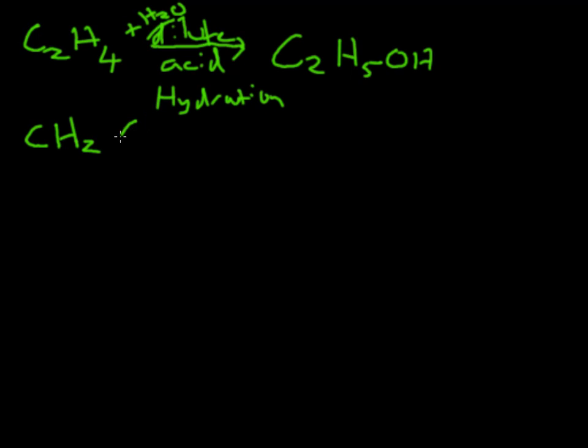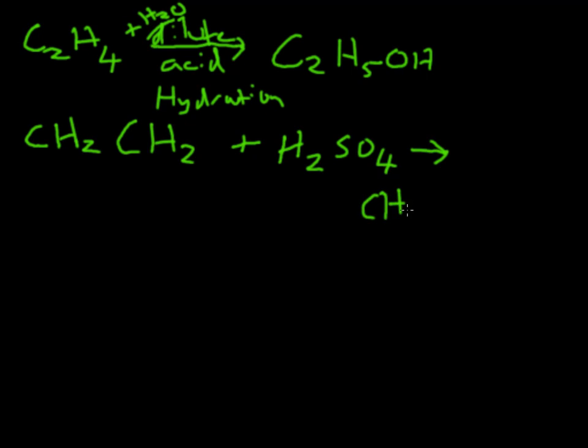So it's a two-step process. So we'll represent the C2H4 as two CH2 groups in one molecule, plus our H2SO4. So the first step in this is that the acid adds on to the ethene. I'm going to run out of space on my screen here, so just draw this down here. So that goes to CH3, CH2, and then HSO4.